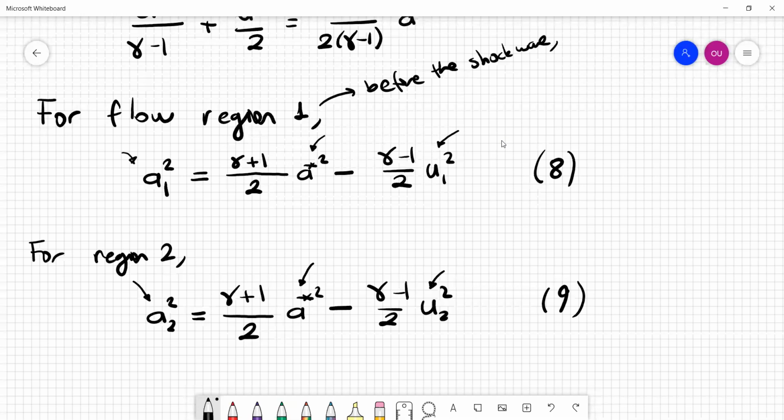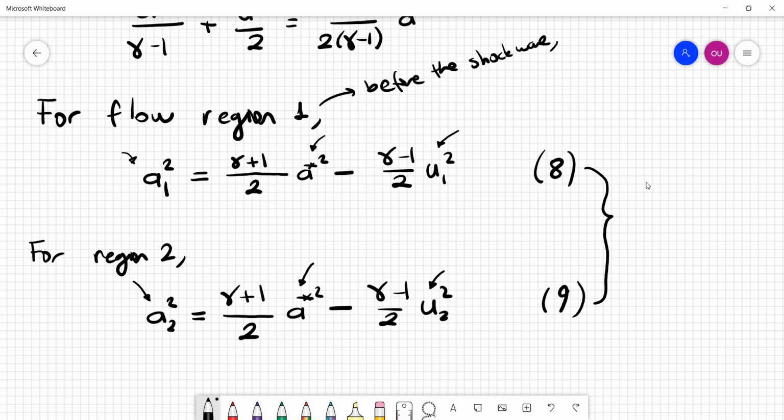So you may get a feeling where this is going now. It will be related to Mach numbers M1 and M2. And of course, keeping A star constant will help me get a relation between them. So now we get these two equations, 8 and 9.